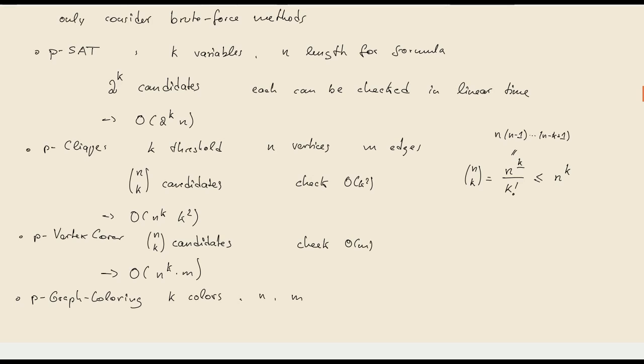Now the number of candidates is way larger. You have k different choices for each, and you have n nodes. Now by symmetry, a few can go, so you might replace this by k minus 1 without much trouble. But in general, this is the brute force method. We'll just check them all.